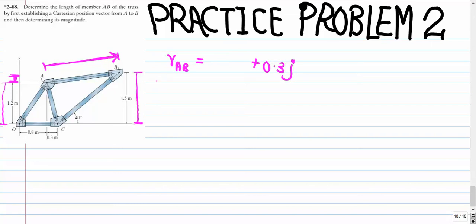Now to find the length component in the x direction, we will need to use some trigonometric identities.